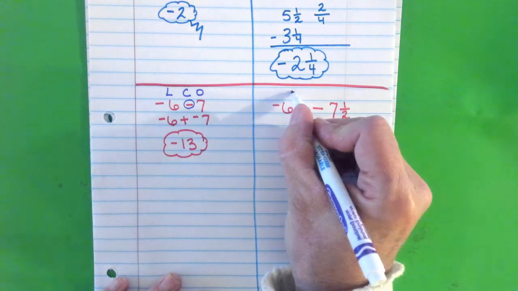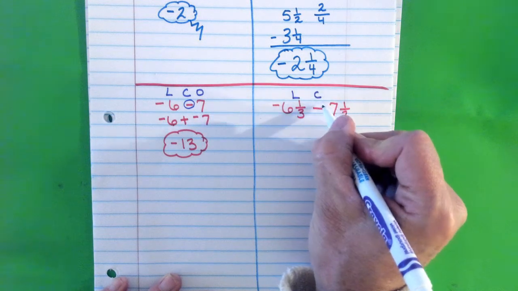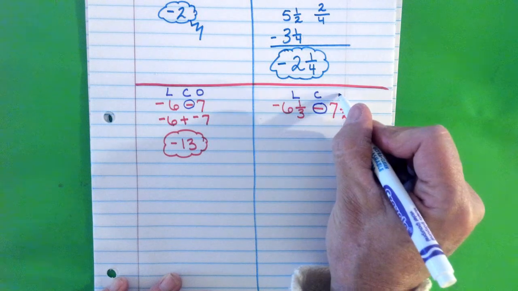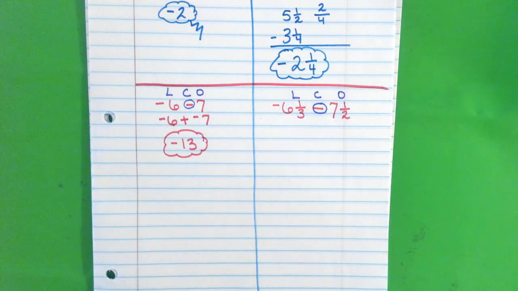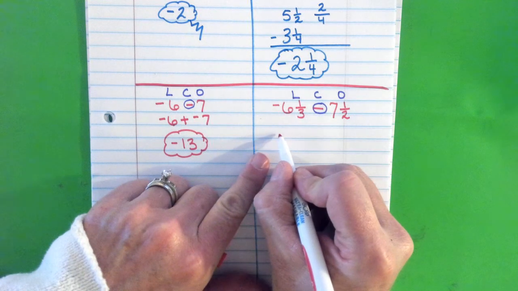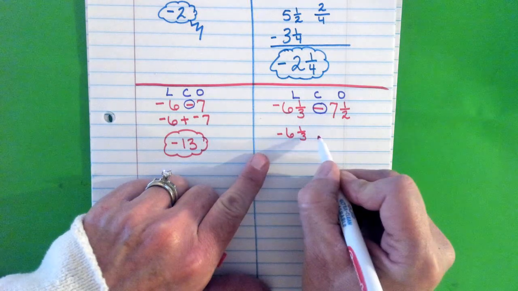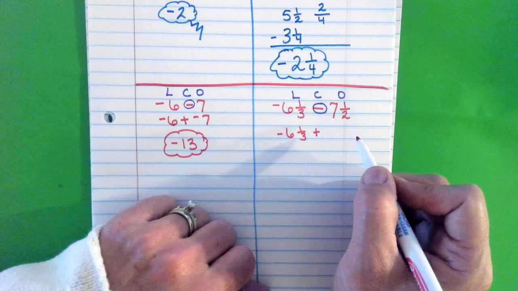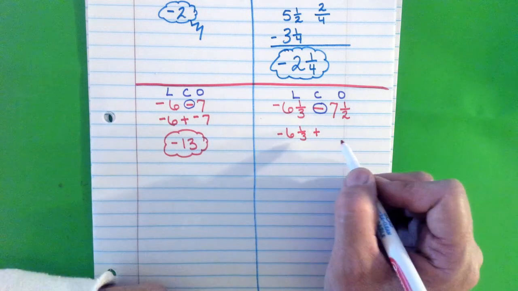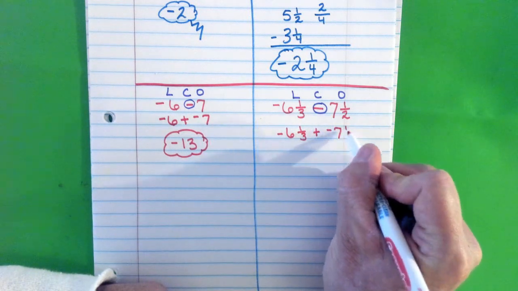So I'm going to leave it, change the minus to a plus, and then opposite. So my new expression, leave the -6 1/3. Change that minus to a plus. And what's the opposite of 7 1/2? Negative 7 1/2. You're so smart.